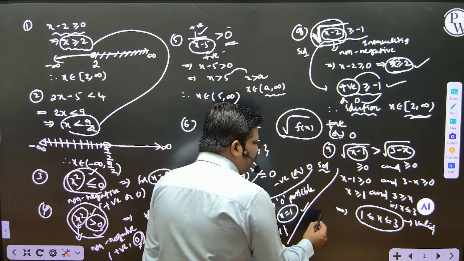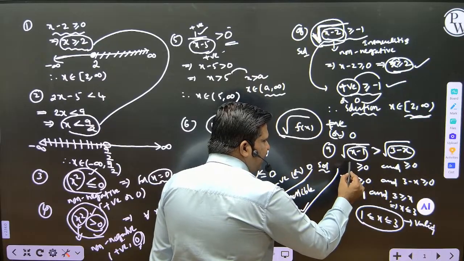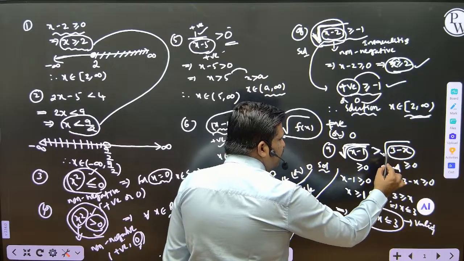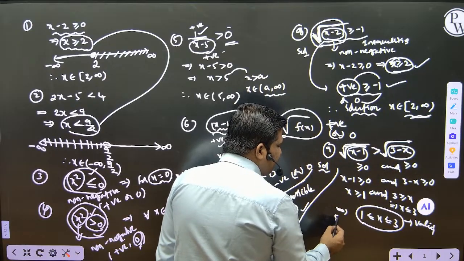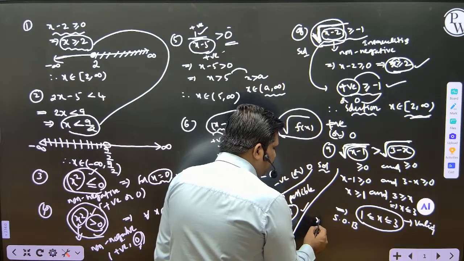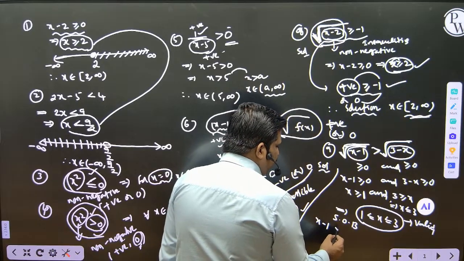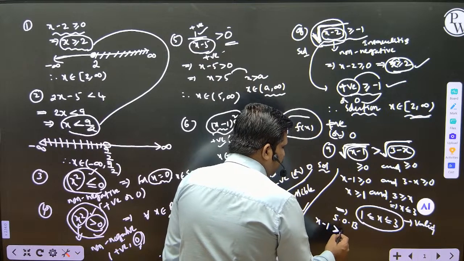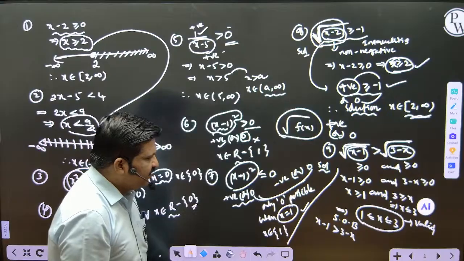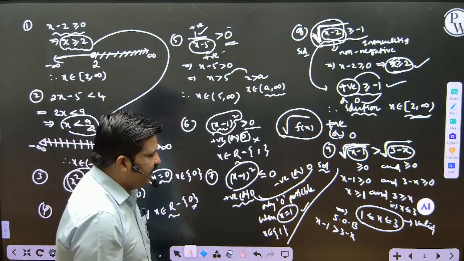Now this validity is over. You want to eliminate the square root, that's why you square on both sides. So x minus 1 greater than 3 minus x.